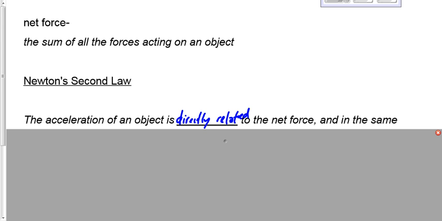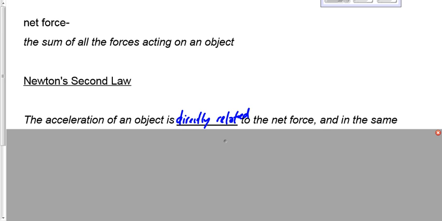As the net force goes down, the acceleration goes down. And that should make some sense to us, right? You push on something harder, how does that affect the acceleration? It's more. You push on something with less force, how does that affect the acceleration? It doesn't accelerate as much. The bigger the net force, the bigger the acceleration.